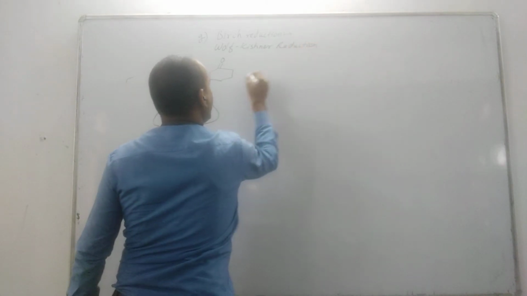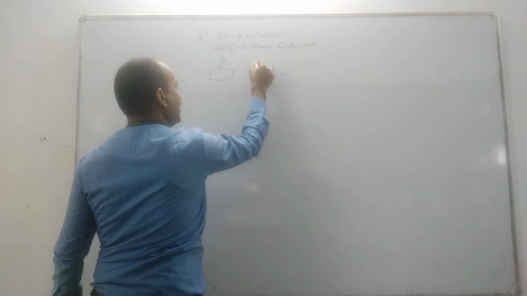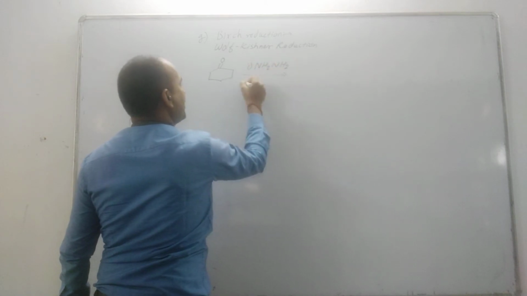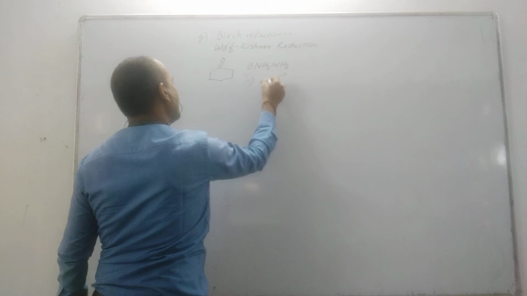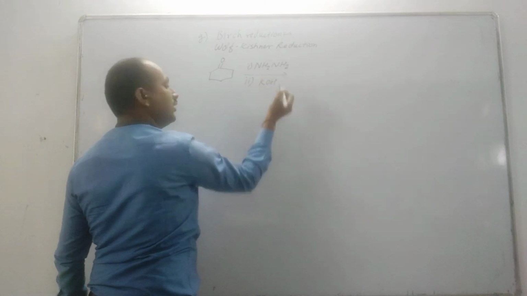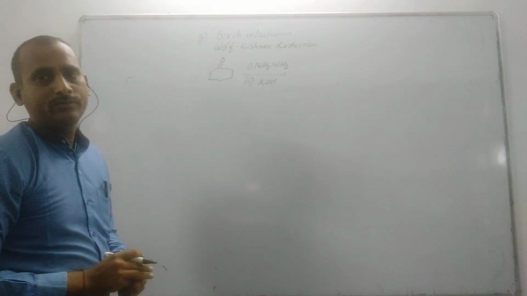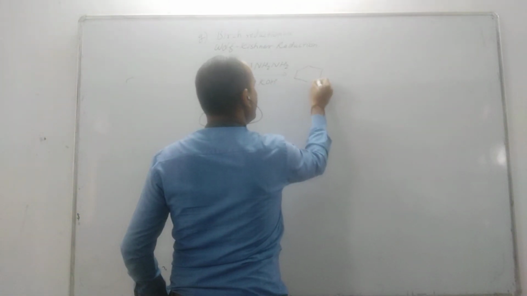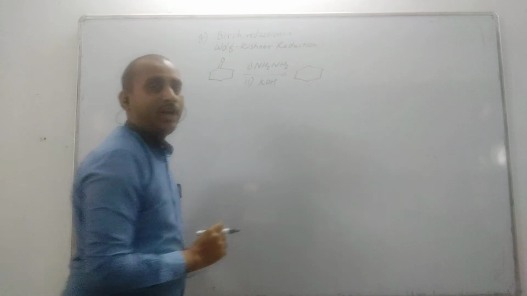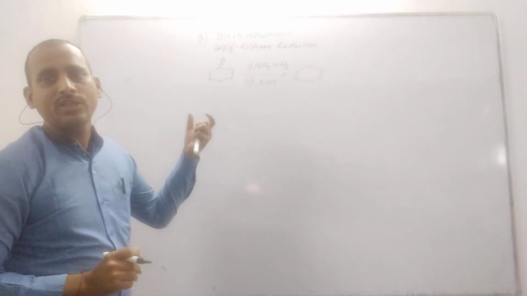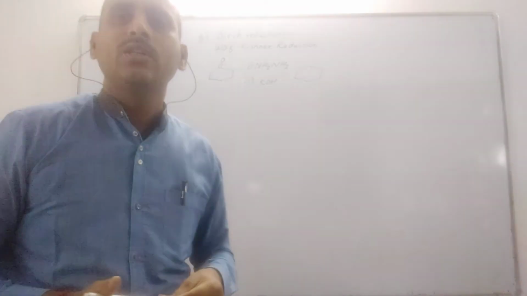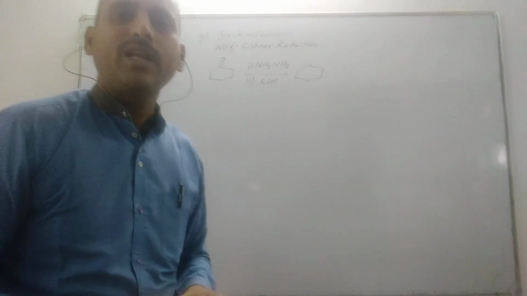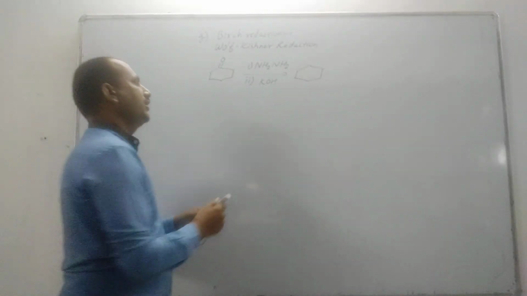In Wolf-Kishner reduction, the first step is formation of hydrazone with hydrazine, and the second step is KOH in ethylene glycol, so that there is formation of this hydrocarbon. So cyclohexanone is converted to cyclohexane.